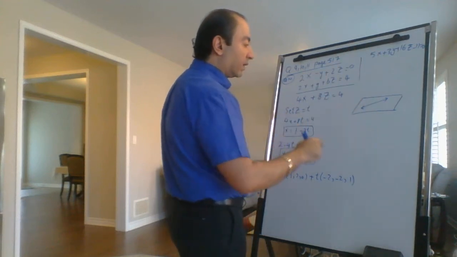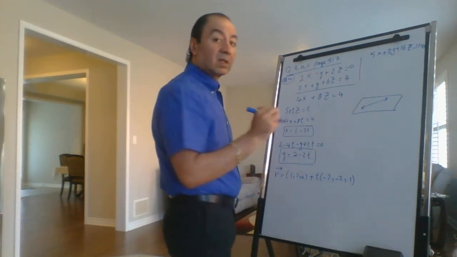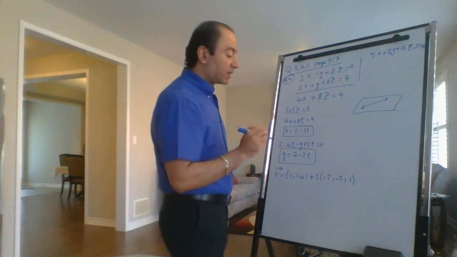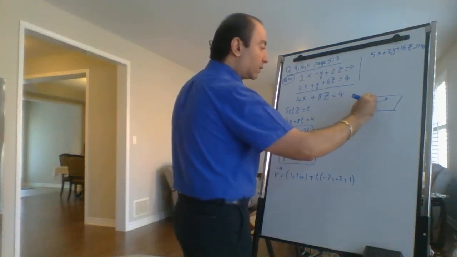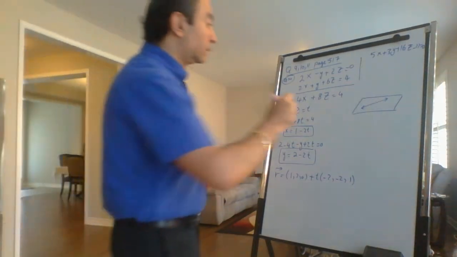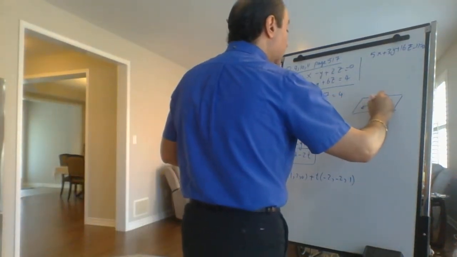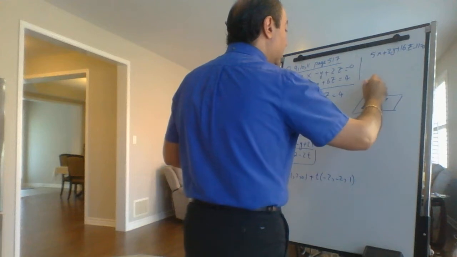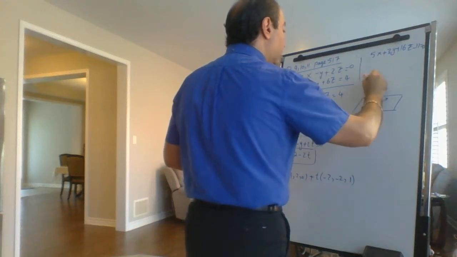Now we need to show that this line lies on this plane. If this line lies on this plane, two things must be true. The first thing is the direction vector of this line makes a 90-degree with the normal vector of the plane.